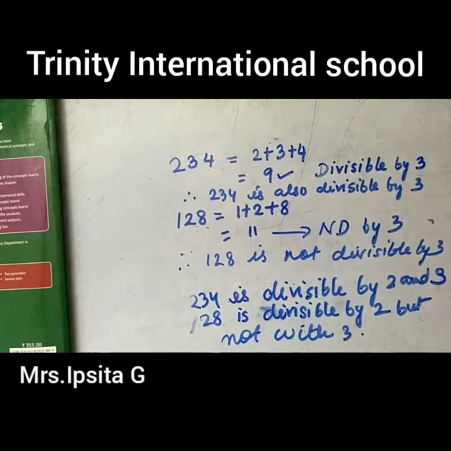Okay, so this is how you have to find out whether the numbers are divisible by 2 or 3. Okay, now let us see the next number, next divisibility rule.